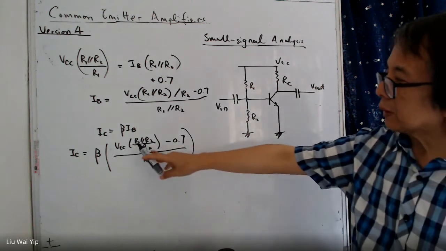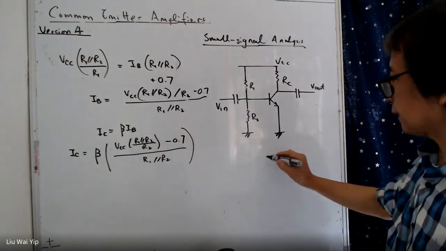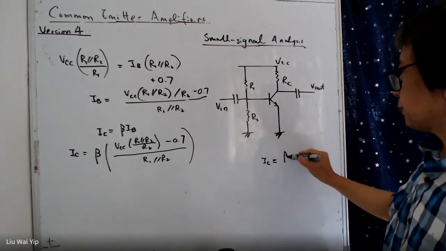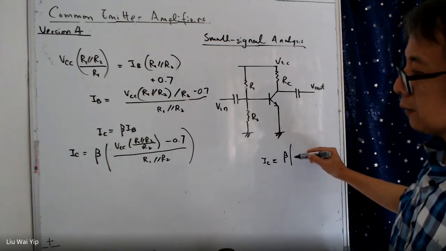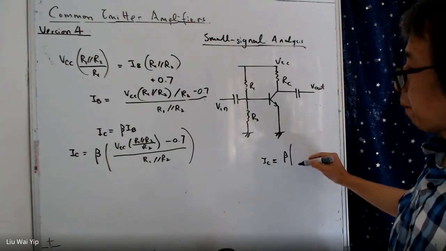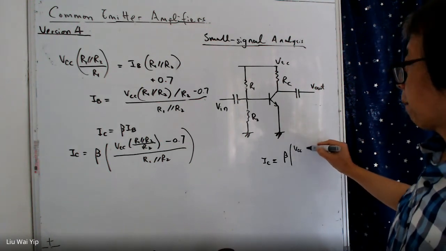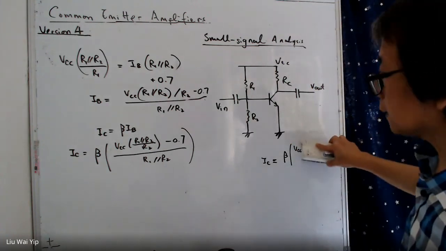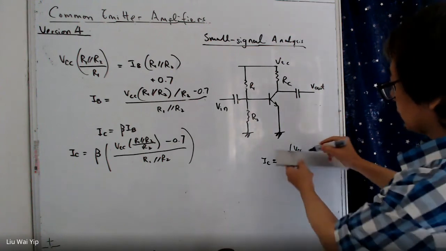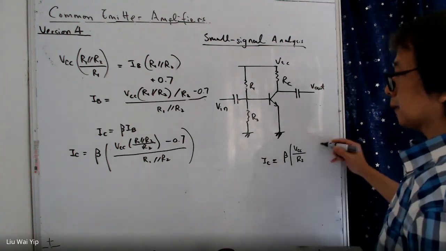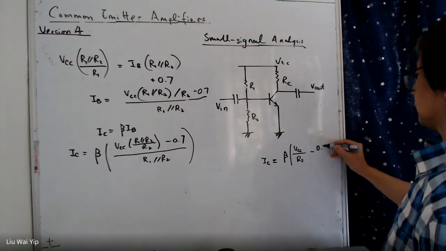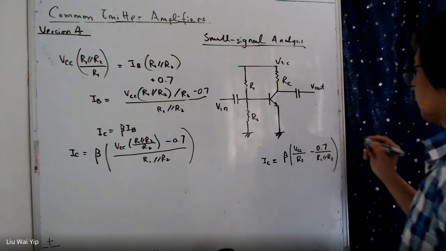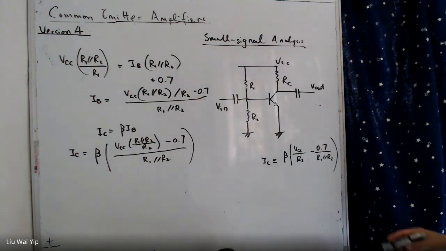And for the time being, let's keep this value. IC has been calculated through this equation. So you divide it by this value, then it will be much easier.